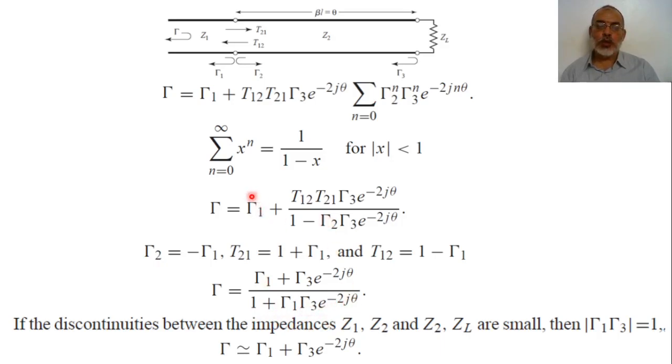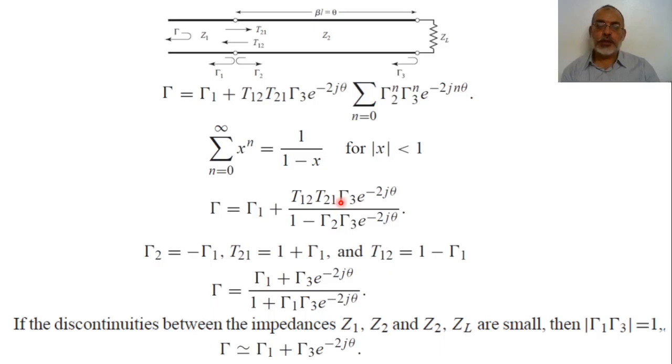Now by making the denominator a common denominator, here we multiply gamma 1 by 1 plus gamma 1 gamma 3 e to the power minus j2 theta, and we replace 1 minus gamma 1 multiplied by 1 plus gamma 1 by 1 minus gamma 1 squared, multiplied by gamma 3.